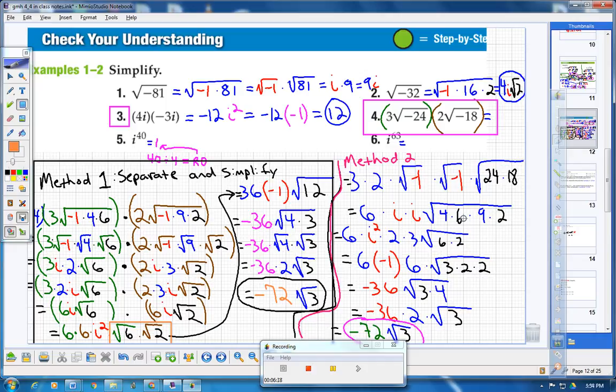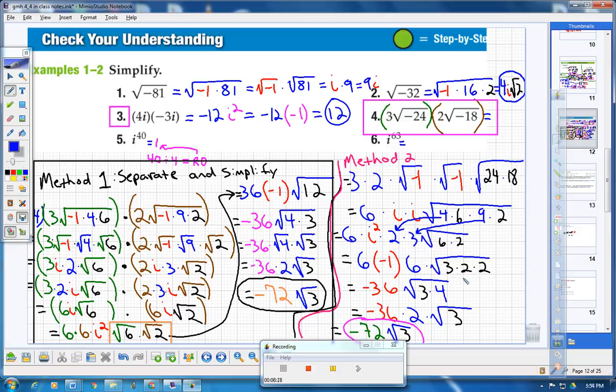So just break 24 down into 4 times 6, and break 18 down into 9 times 2. Now notice there we have 4 and 9, which are both perfect squares. So I can pull out the square root of 4, which is 2, and the square root of 9, which is 3. So that's what happens there.